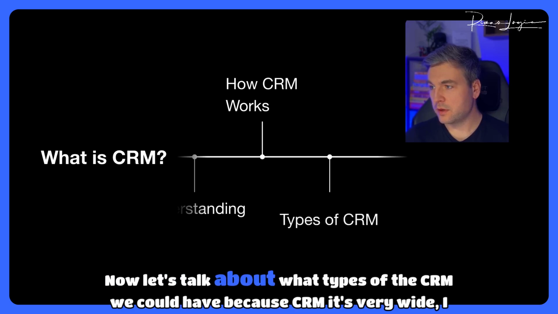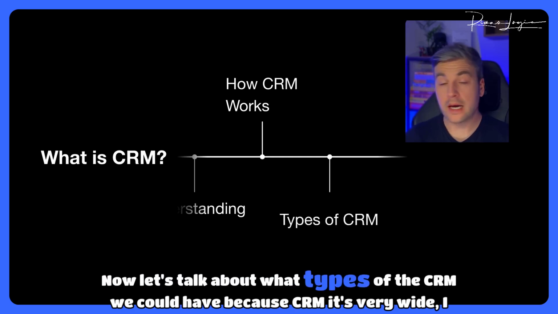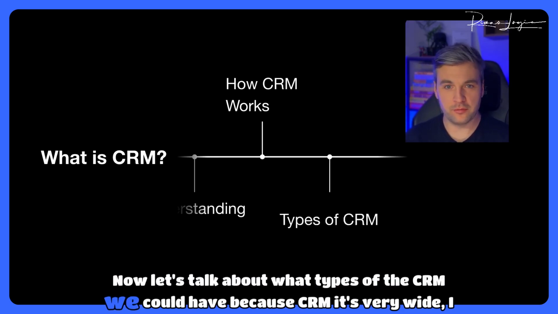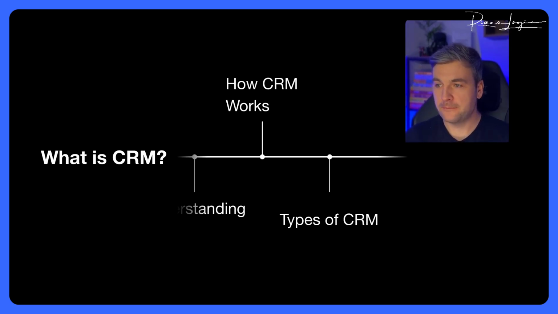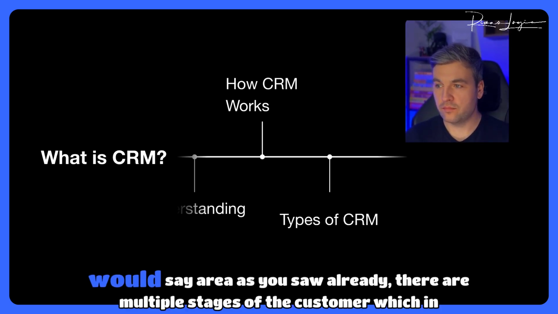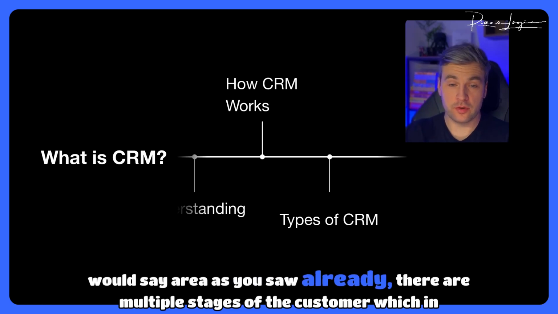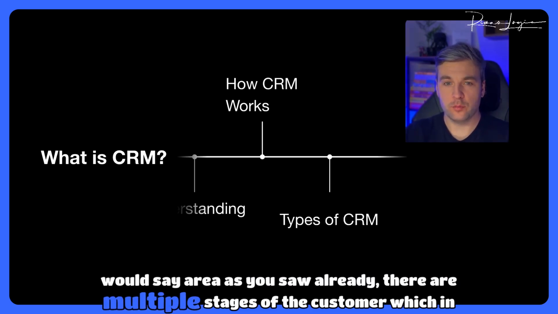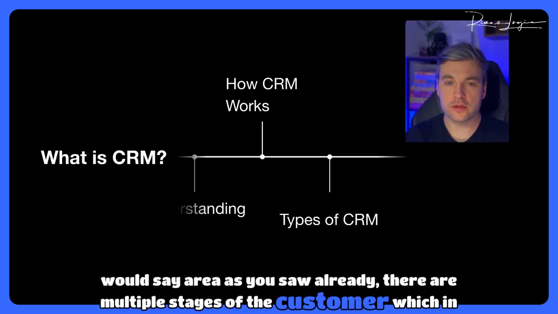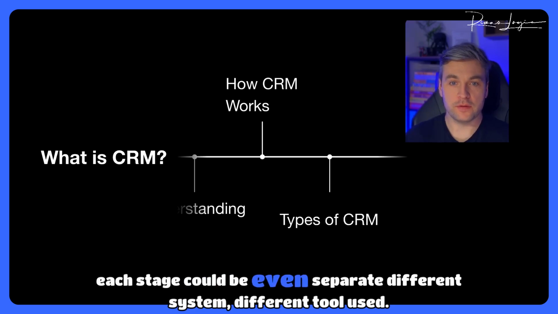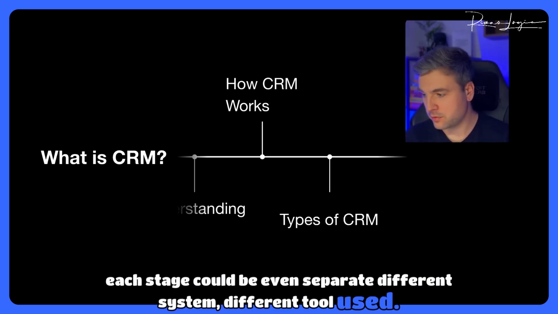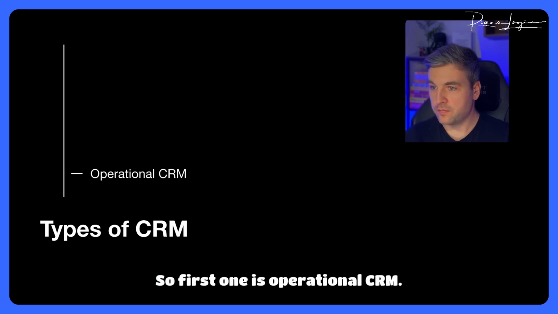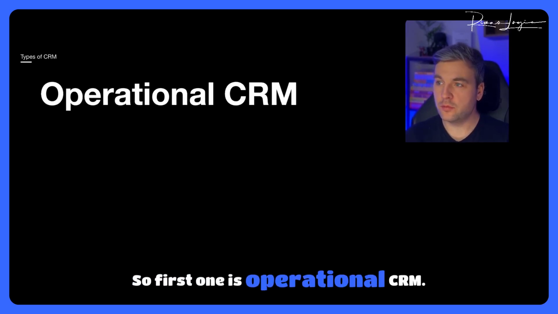Now let's talk about what types of CRM we could have, because CRM is a very wide area, I would say. As you saw already, there are multiple stages of the customer, and each stage could even use a separate, different system, different tool. So the first one is operational CRM.